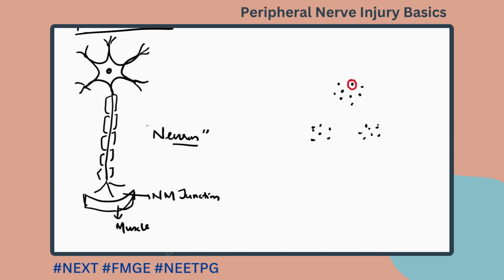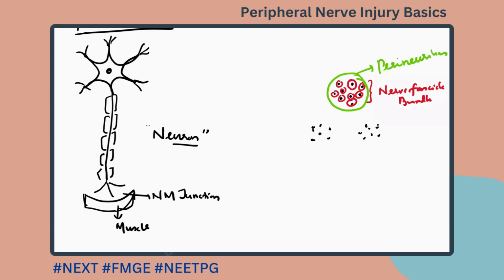A lot of axons group together, and this group is called a nerve fascicle or nerve bundle. This entire nerve bundle is surrounded by a sheath called the perineurium.